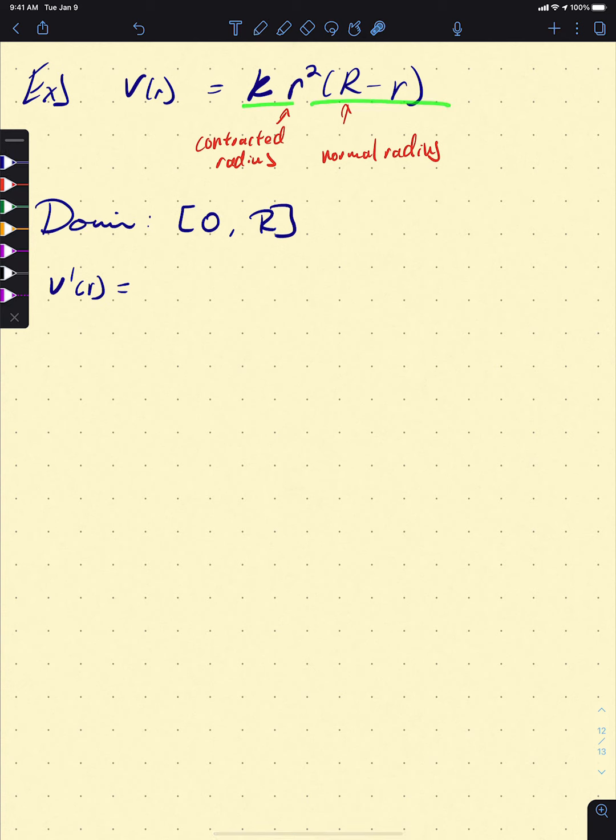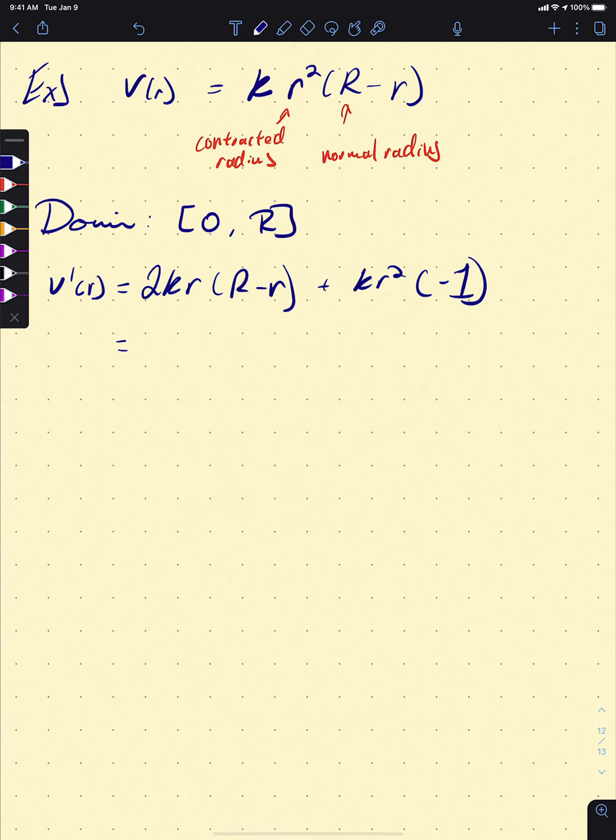This is the product rule. So we can do the derivative of the first, 2kr times R minus r, plus kr squared. The derivative of this guy, big R, is a constant, so that goes away. The derivative of minus little r is just a -1.